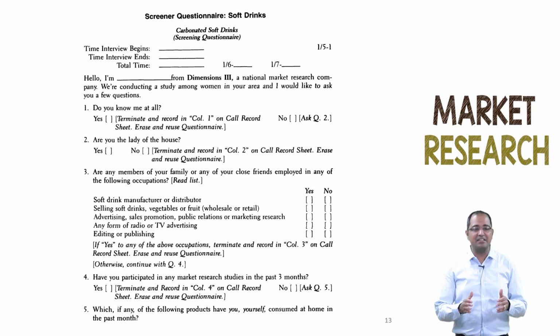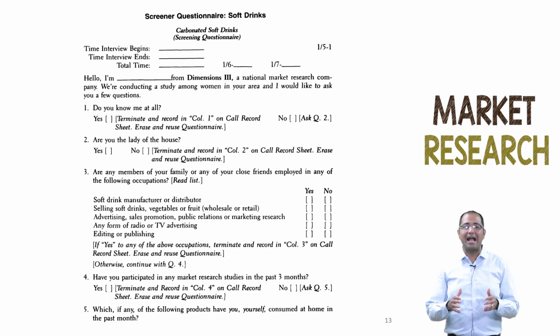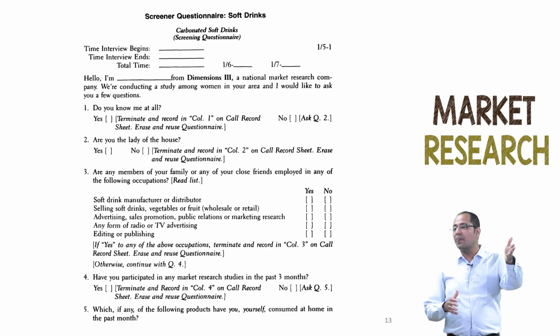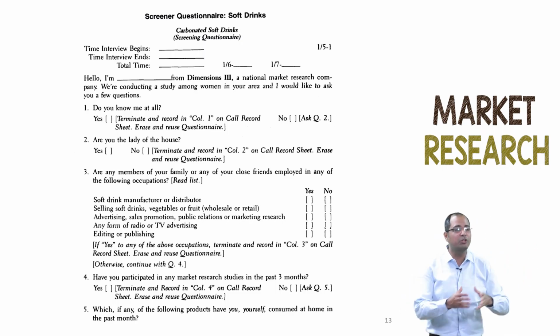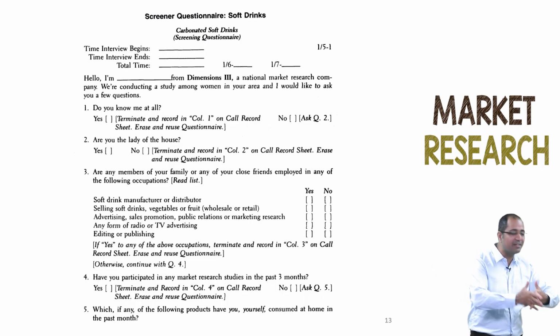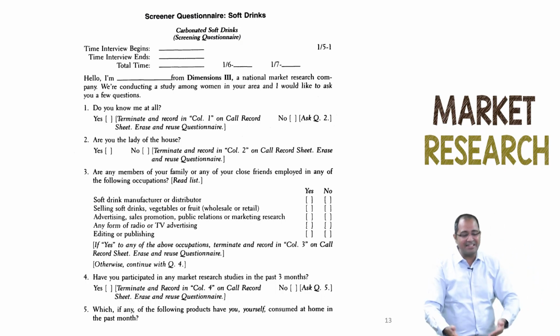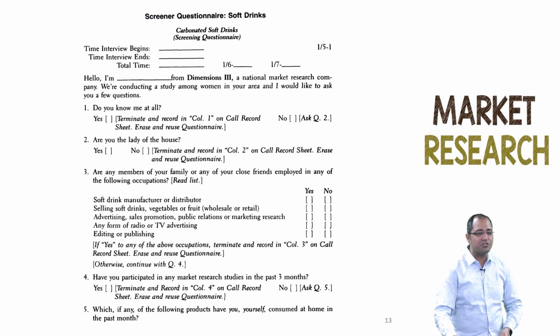So as he asked, if the respondent, in the case of adult women, is less than 18, how would you find out? Very good question. Then we would use the screener questionnaire, and in it we will ask certain questions.